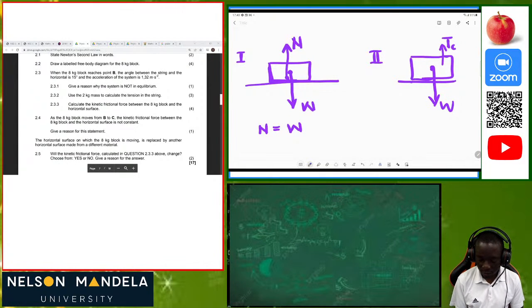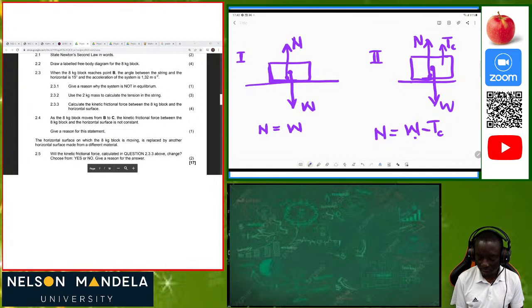But in case number 2, the normal is still there. There is a reaction from the surface. But the value of the normal is W minus T sine theta.